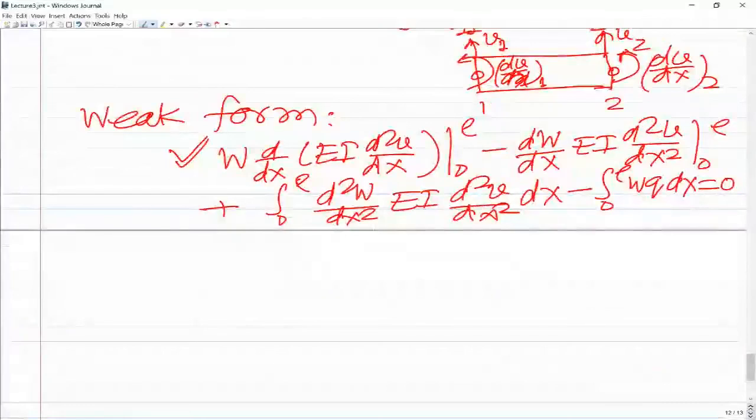Now, if you look at the conditions I have told you to consider when we assume the approximate solution within an element, we look at the four conditions. One is the differentiability requirement. Because the highest order derivative in the integral term is the second derivative, we should choose a polynomial that is differentiable at least twice.